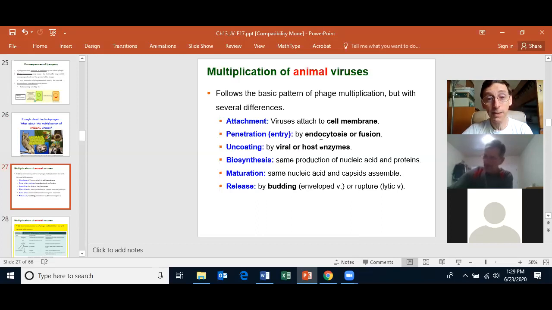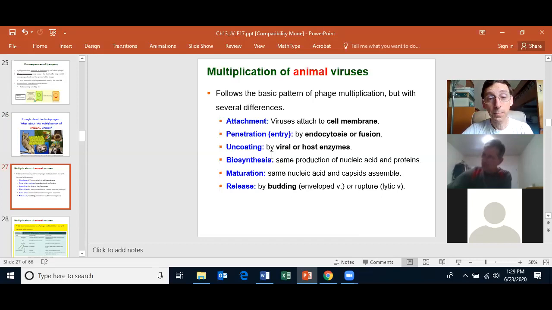It either happens by endocytosis, I'll talk about that a little more, or by fusion. If the animal cell has a lipid envelope, the lipid envelope can literally fuse to the cell membrane, and then the 2 become 1, and the virus is just dumped into the cytoplasm of the cell. And I'll show you a little picture of that.